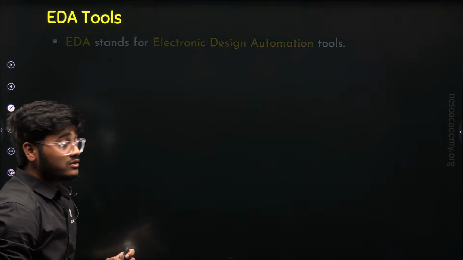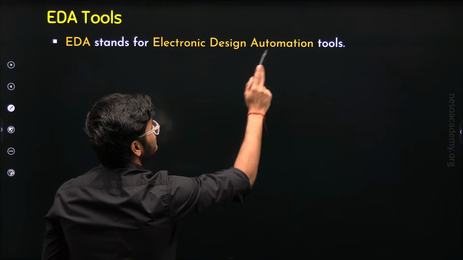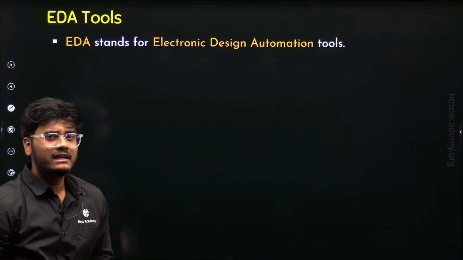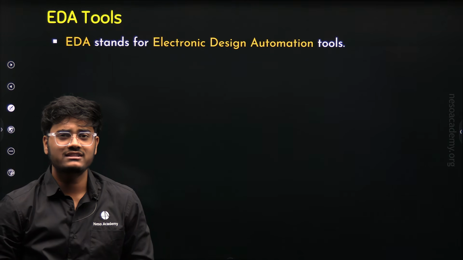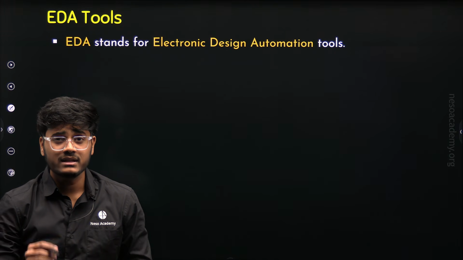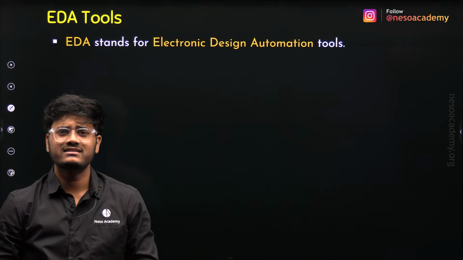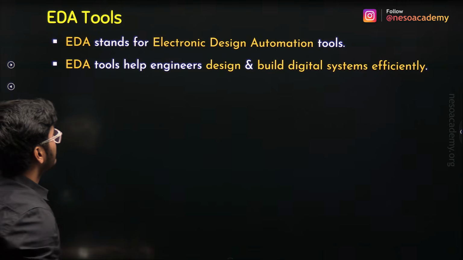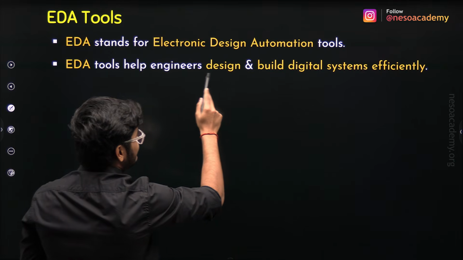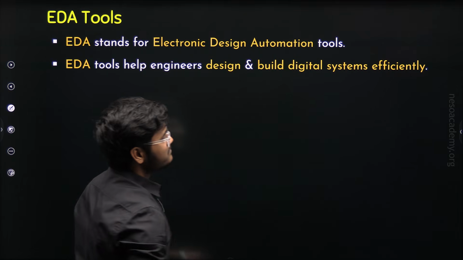We all know that EDA stands for Electronic Design Automation. EDA tools are specialized software services that help engineers to design, simulate, and verify electronic systems. In simple words, EDA tools help engineers design and build digital systems efficiently.